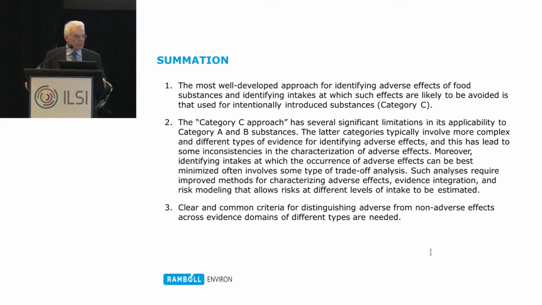And then finally, just a sort of a summation, just a repeat of what I said before about the category C substances. I think it's important to then begin to break down food into these different categories and think of different decision models about using evidence, identifying adverse effects, and then using that to assess risk, using different models for decision-making across the three categories.